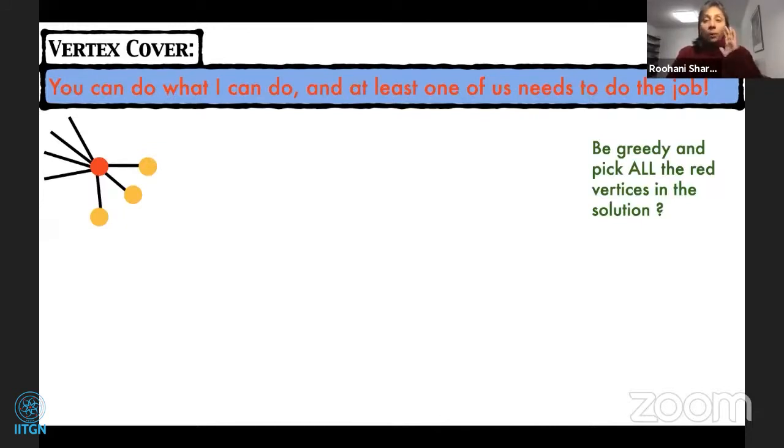So now what are we gonna do? In every instance that is gonna be there in the slide, the instance will have some yellow vertices and some red vertices.